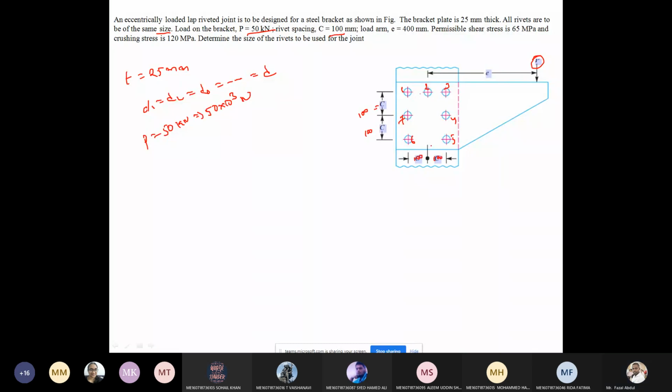The eccentricity E value is given as 400. Permissible shear stress is 65 megapascal, number of rivets is 7, and crushing stress sigma c is given as 120 megapascal. The question asks to determine the size of the rivet to be used for the joint.